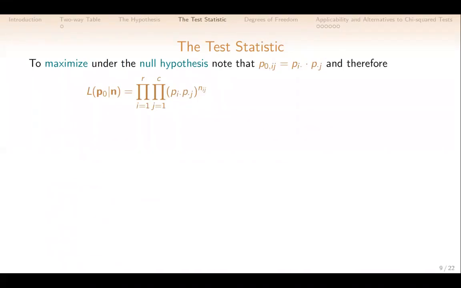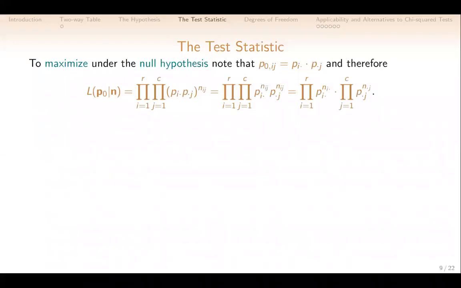And then since I have a product of things that are raised to an exponent, I'll factorize that into Pi dot to the power Nij and P dot J to the power Nij. And then I can write that as a product of probabilities that depend only on I, and a product of the probabilities that depend only on J.